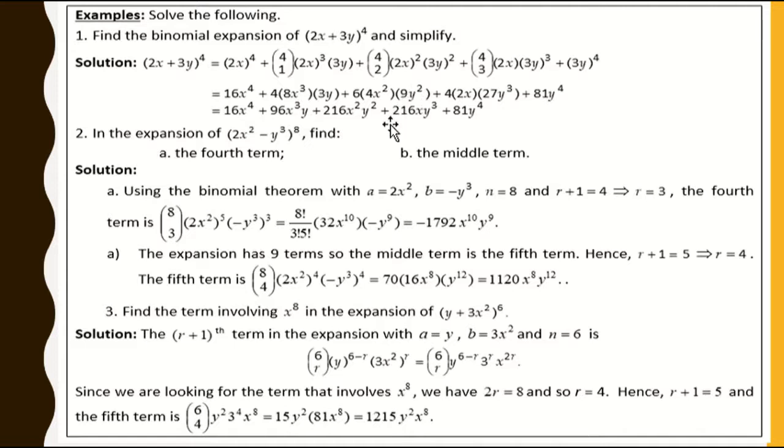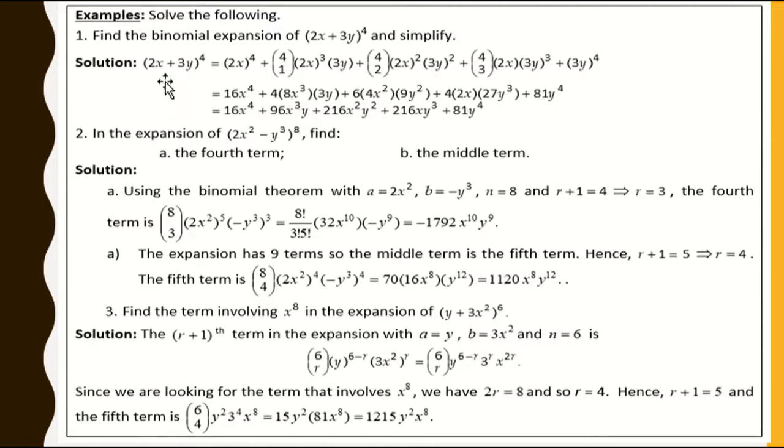Plus 216 x y cubed, since 4 times 2 times 27 is 216 x y cubed. Plus 81 y to the power of 4. Okay, so that is our application of the binomial theorem.